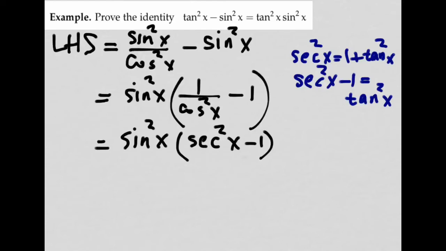So I'm going to go ahead and replace secant squared x minus 1 with tangent squared to have sine squared x times tangent squared x as our final answer, which is precisely the right-hand side of the identity we are trying to prove. And this proves our example.